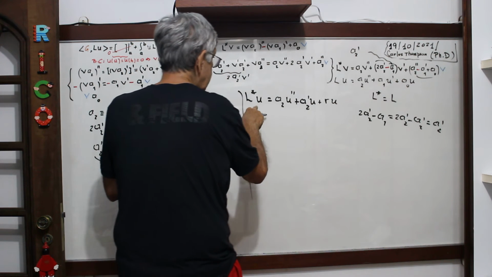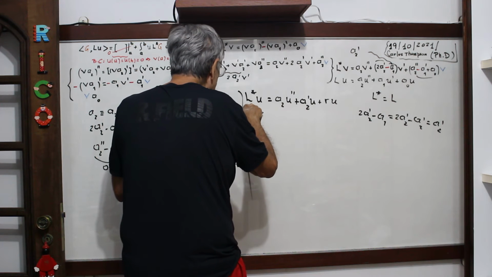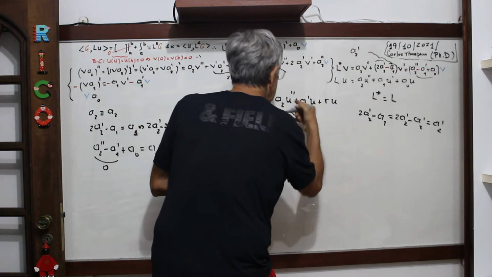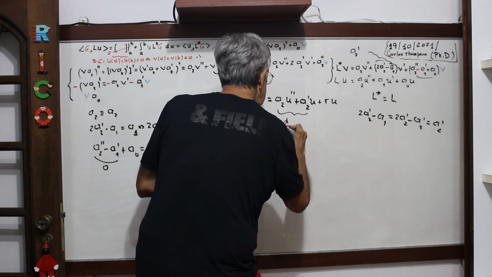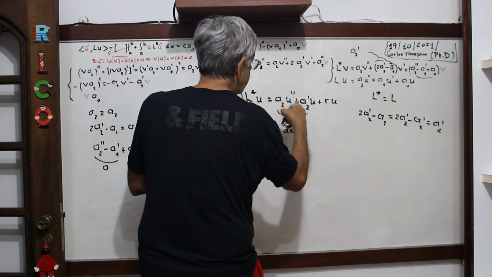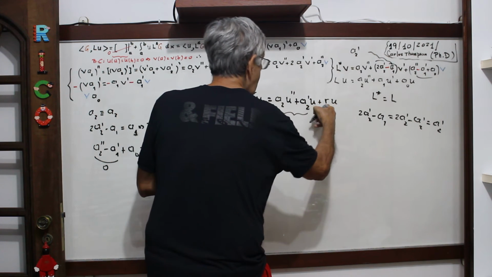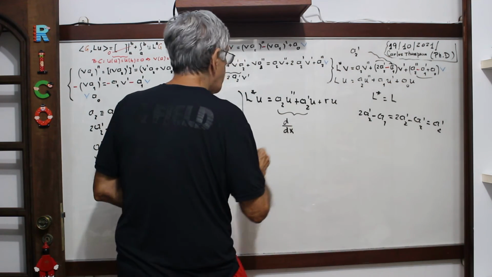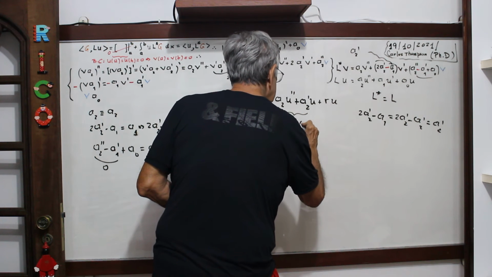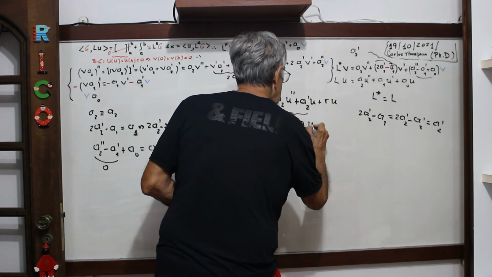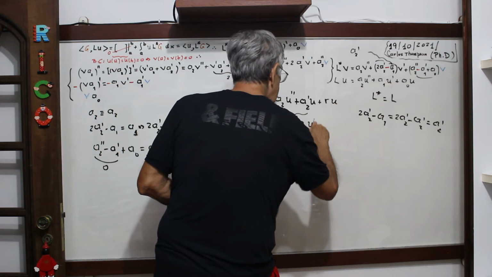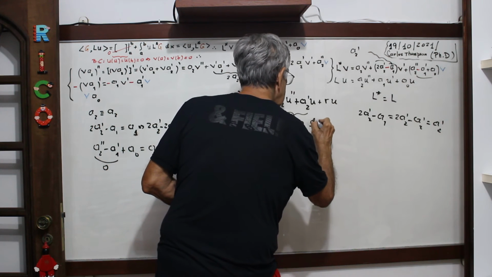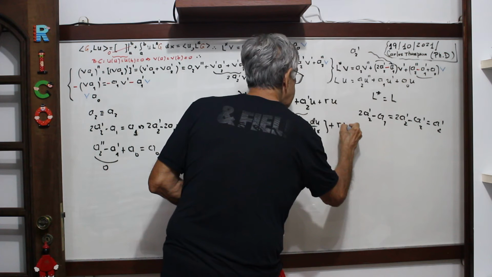Now, attention, this is self-adjoint. In general, you can group these terms as d/dx of A2, A2 prime, and R, a function of x. So I can write this as d/dx of A2 U prime plus RU.